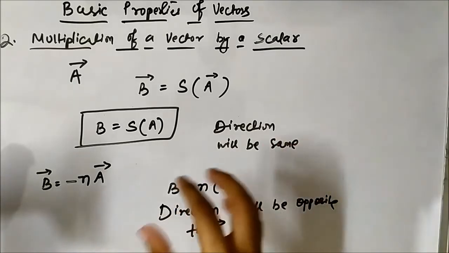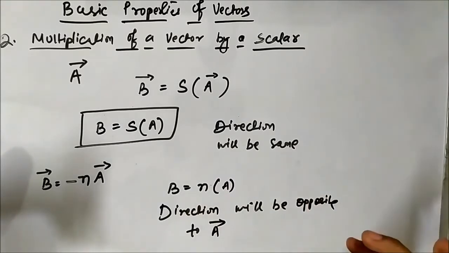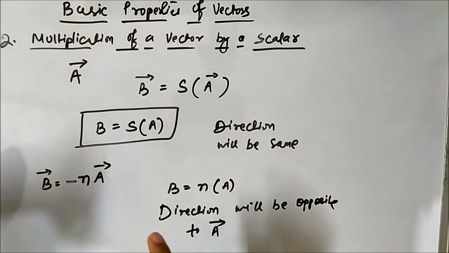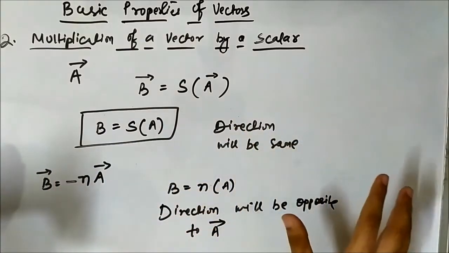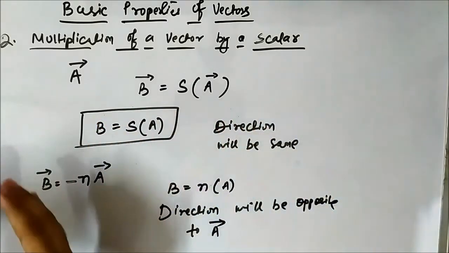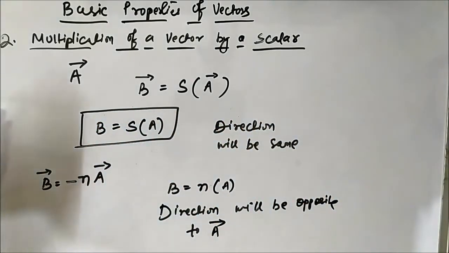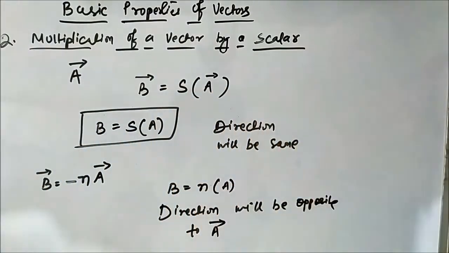The magnitude will get multiplied n times or s times depending on the real number and the scalar quantity. The direction depends on the sign of the real number and the scalar quantity. If the sign is positive, then the direction of both the vectors will be the same. If the sign is negative, then the direction will be opposite. So this is the multiplication of a vector by a real number and a scalar.